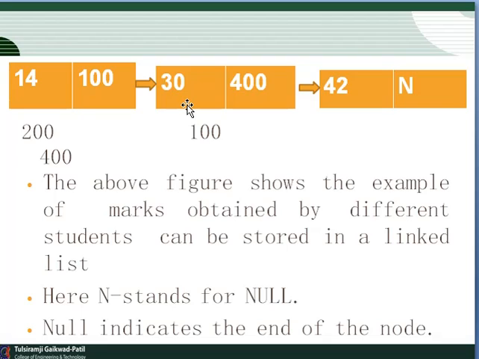So 14 has the address location 100, pointing towards 100; the node at location 100 has the value 30; 30 has the location 400; and 400 has the data 42. After that, this may be the last node. Why? Because that last node, 42, does not have the address of any other node. It shows N, which stands for null.